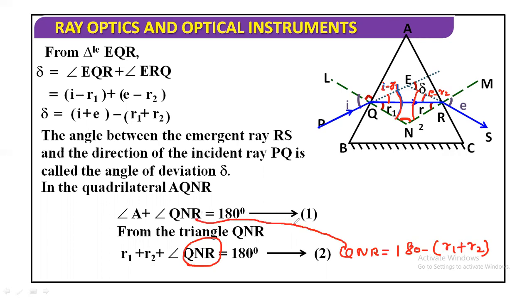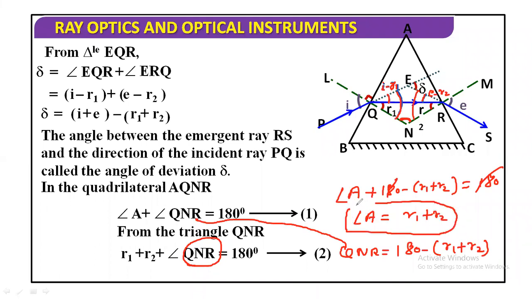in this equation. So what will we get? We will get angle A plus 180 minus (R1 plus R2) is equal to 180. This 180 is cancelled. So angle A is equal to R1 plus R2.